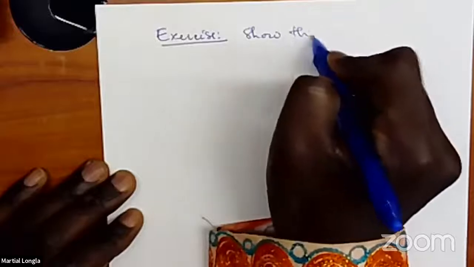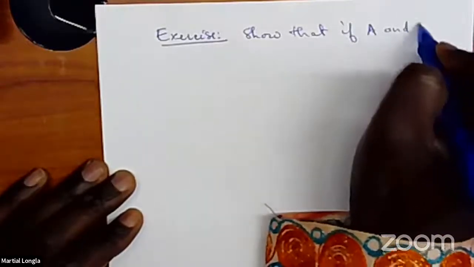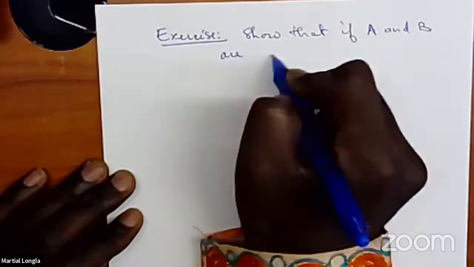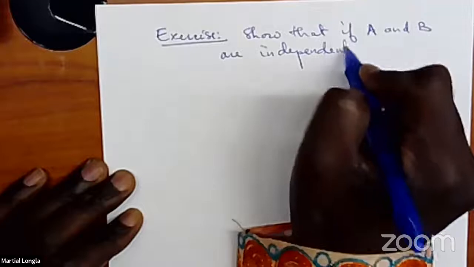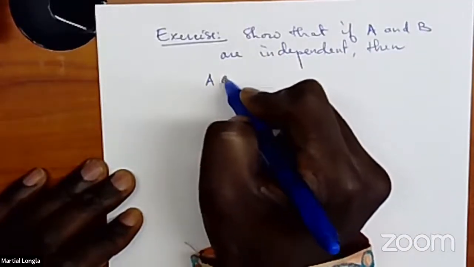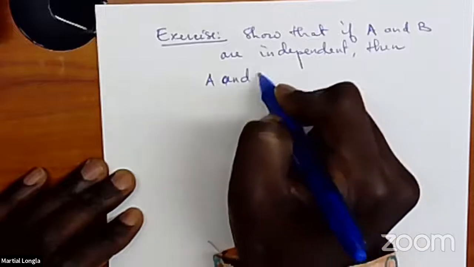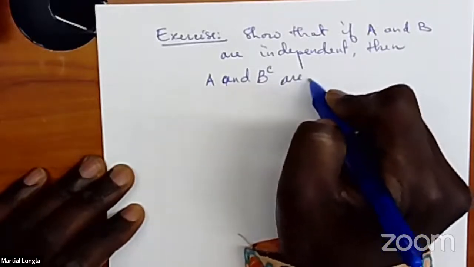Show that if A and B are independent, then A and B complement are independent.